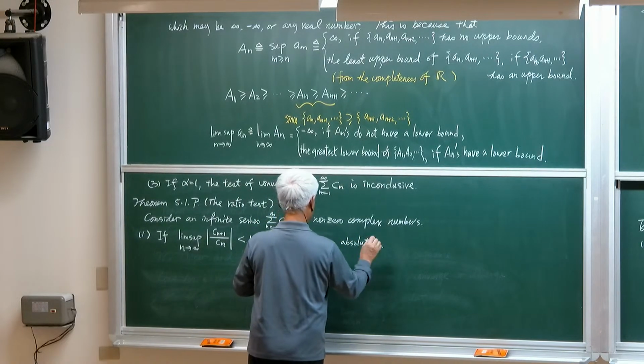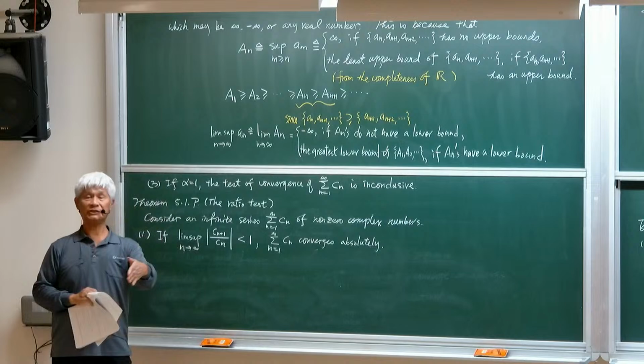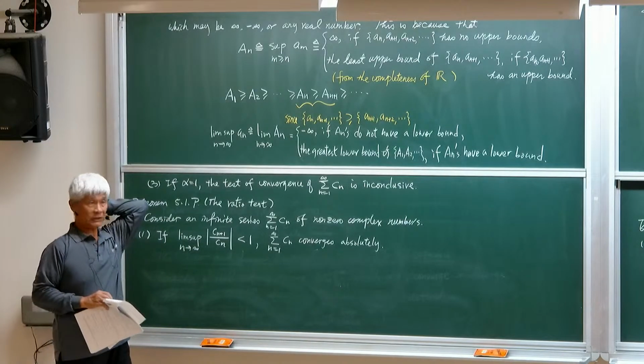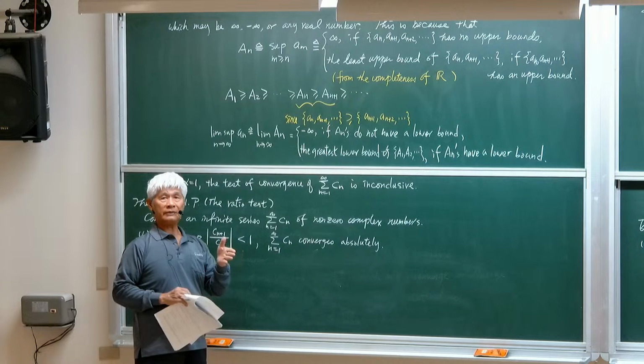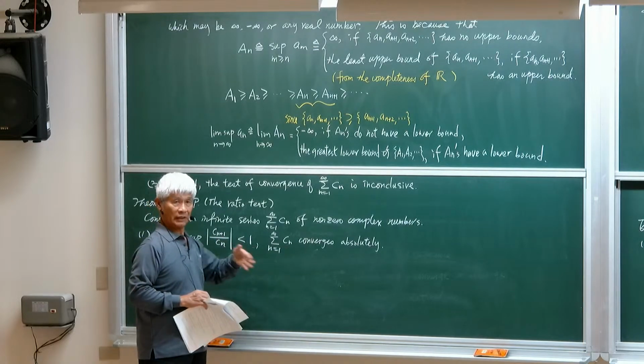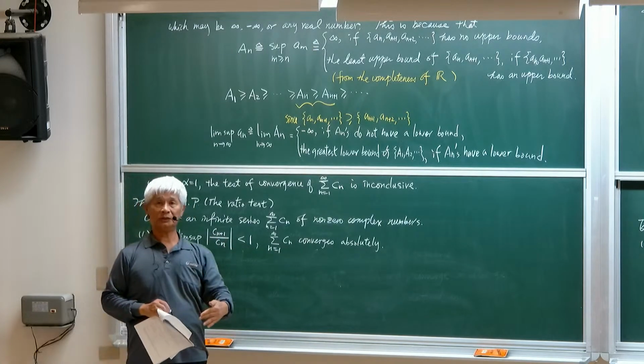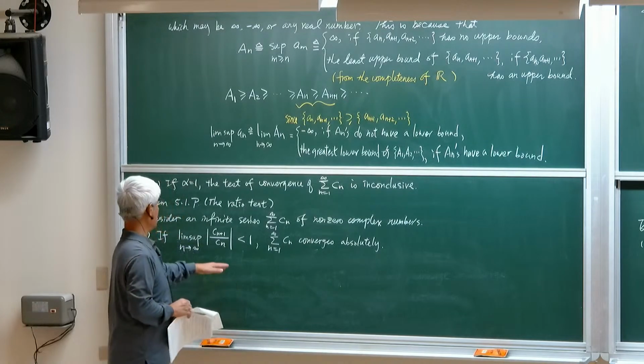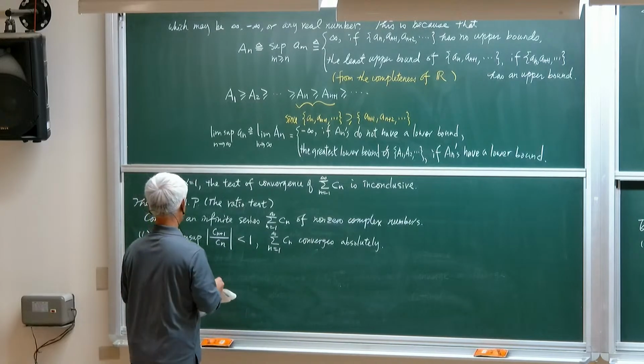So the infinite series converges to a complex number, and also the infinite series of the absolute value of each term converges to a positive real number.